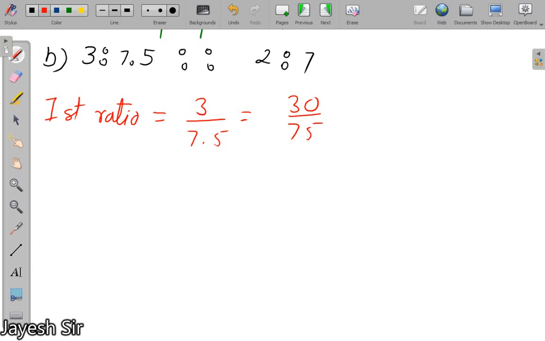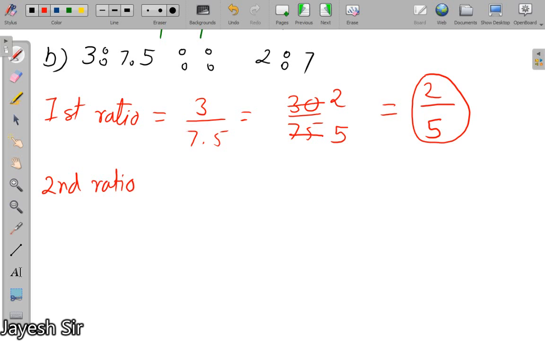Okay, now 15 fives is 75 and 15 twos is 30. So this is ratio 2 upon 5. Now first ratio is 2 upon 5 and second ratio is 2:7, that is 2 upon 7.